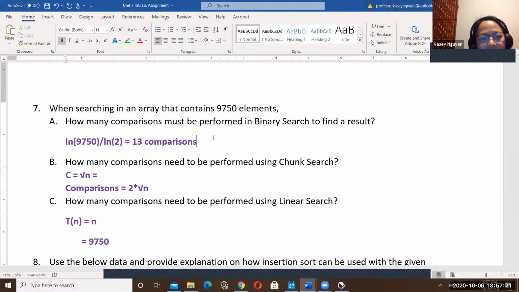How many comparisons need to be performed using the jump or chunk search? Then you would take the square root of 9750, then multiply it by 2.